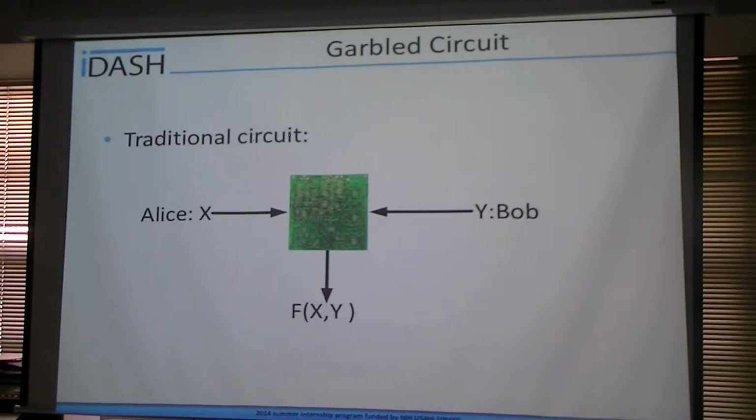And next, let's introduce the other cryptographic primitive, the Garbled Circuit. First, let's introduce the traditional circuit as shown in this slide, which can evaluate the function f(x,y) by taking one input x from Alice and another input y from Bob. However, the privacy of inputs cannot be guaranteed in this circuit due to the lack of protection.